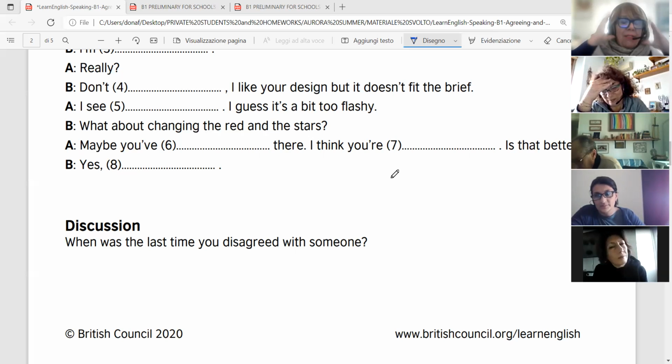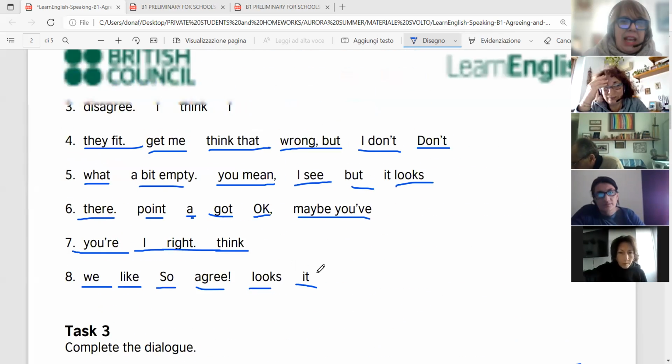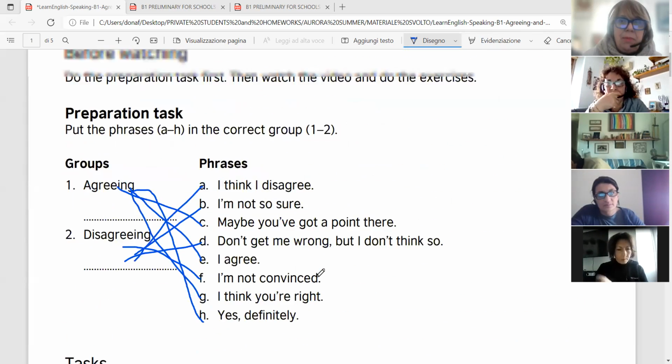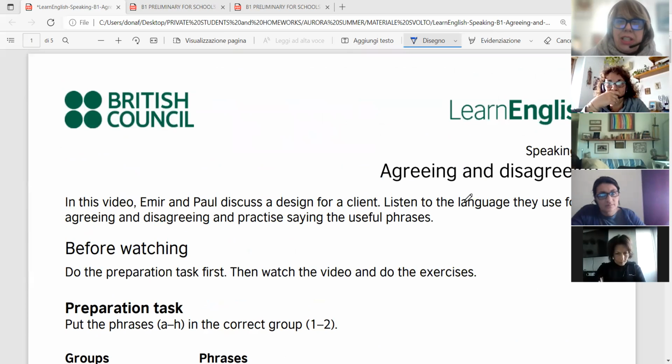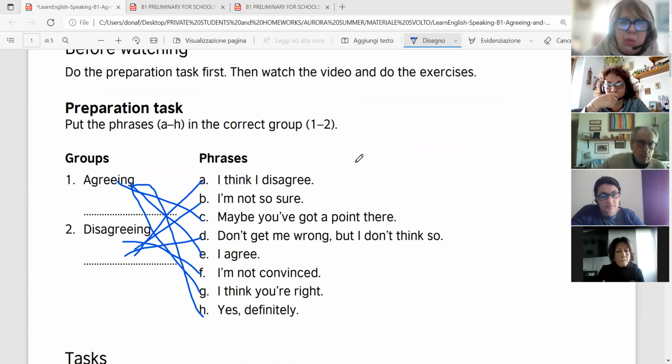So we have just been watching a video, so you can watch it with the lesson later. And then we had this worksheet about agreeing and disagreeing. I'm going to give you this one. These are all expressions that you use to disagree or agree with somebody.